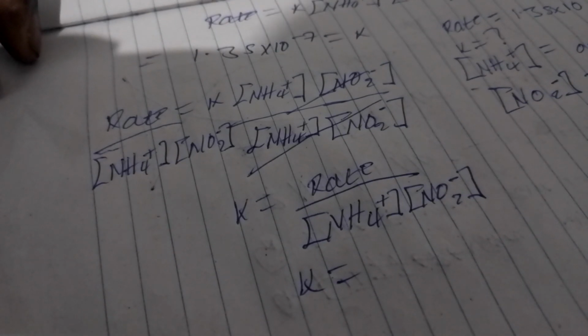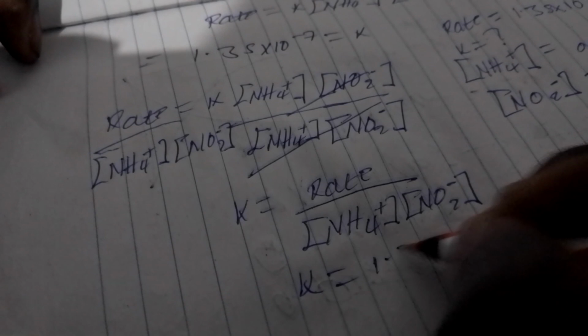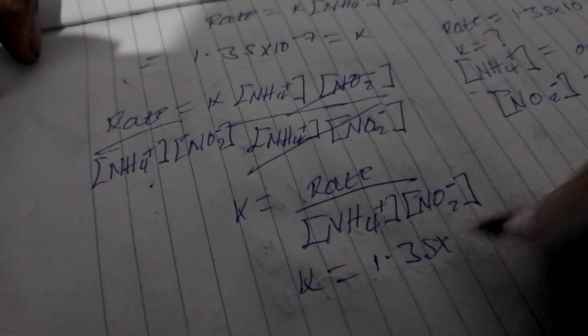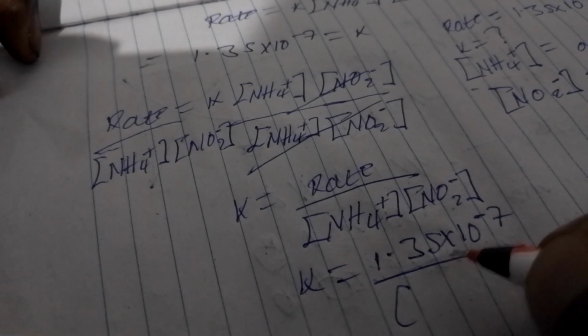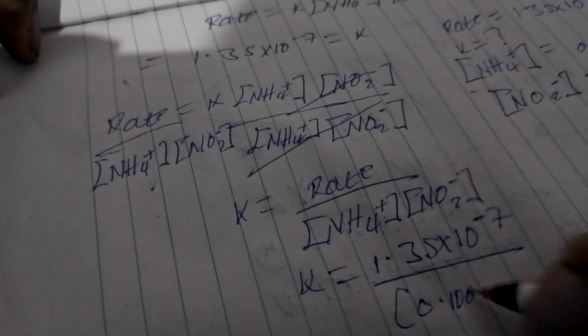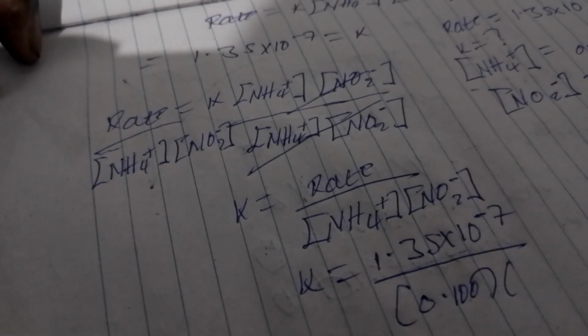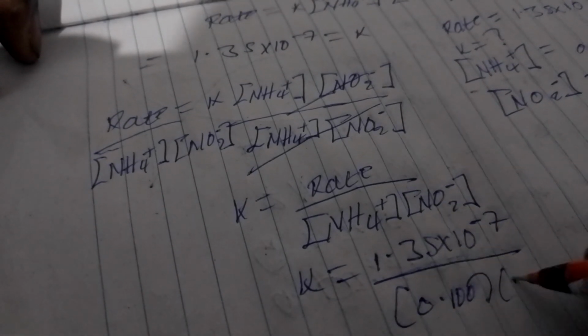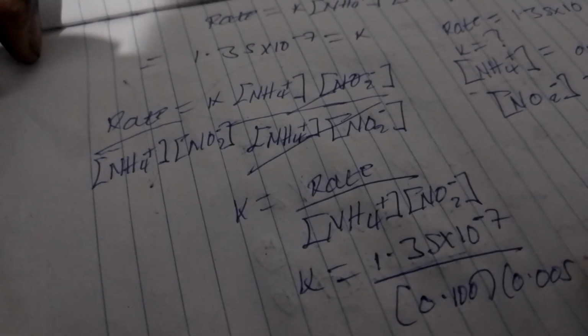What is the rate? We're talking about the rate in experiment number 1. We have 1.35 times 10 exponential negative 7 divided by, for ammonium, the concentration of 0.100 molar, and for nitrate, we have 0.005 molar.